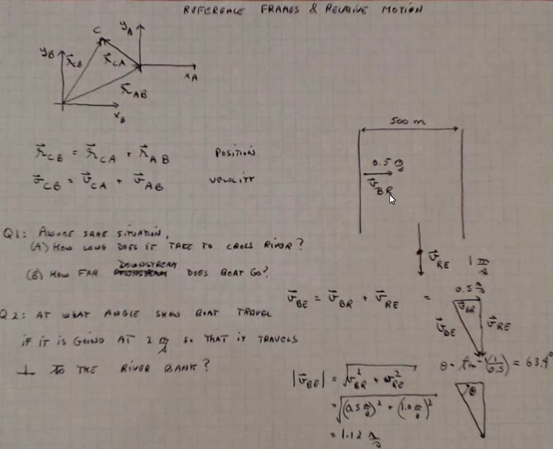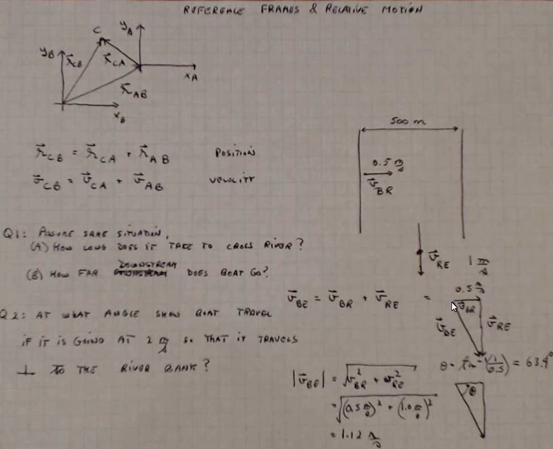Well, if I want to find the velocity of the boat relative to the earth, which would be appropriate, for example, for a person standing on the bank, anchored to the earth, that would be V_BR plus V_RE. And so V_BR is the velocity of the boat relative to the water. That would be this vector here. So this is the vector sketch corresponding with this equation, plus the velocity of the river relative to the earth. And that's this downward vector.